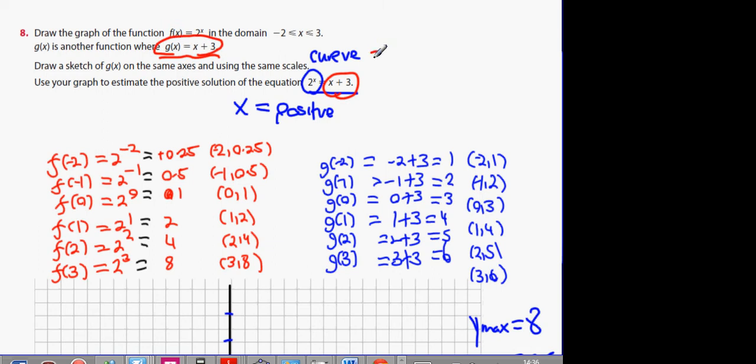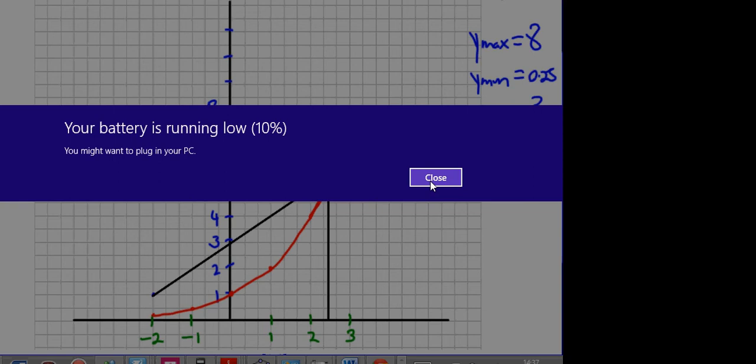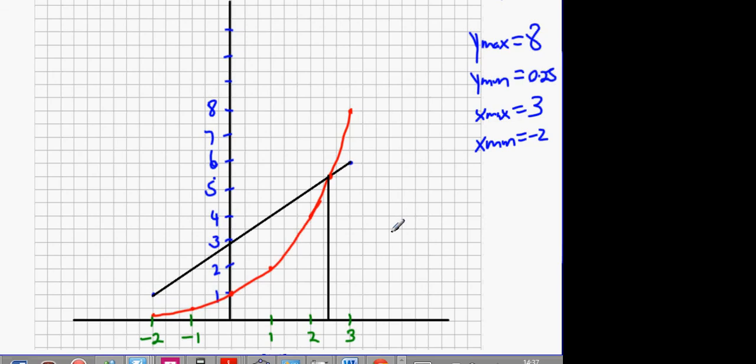The line. When does the curve equal the line? What x value? Anybody tell me? 5.5. That's the y value. The x value? About 2.4? X equals 2.4, guys. Alrighty. X equals 2.4.